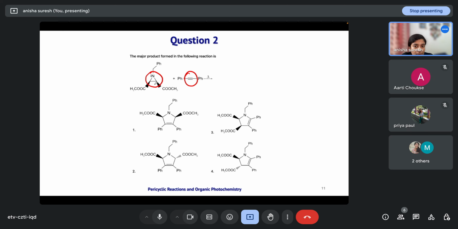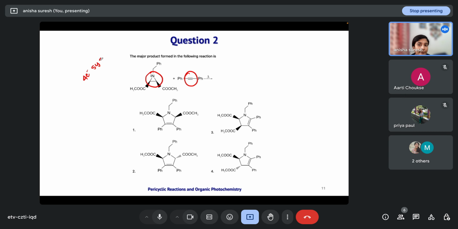First, we have to see how this dipole is forming from this. So, this is what sort of system? 4n or 4n plus 2 electron system. Considering electrocyclic ring opening, here this electron will also be included.